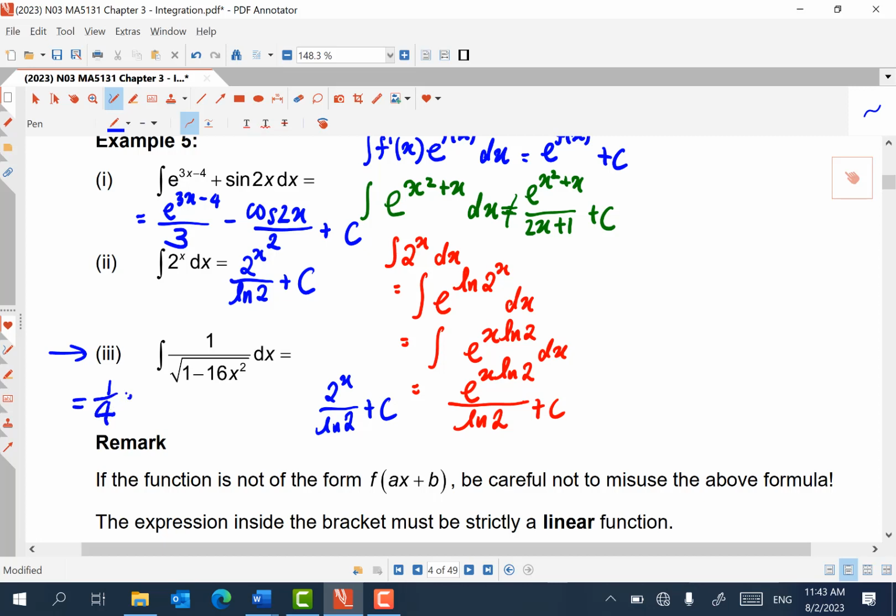Brilliant. Sine inverse. Wow. And how do you know it's like that? 16x squared is 4x, right, 4x whole squared. Brilliant. It's all memory work now. It's a no-brainer thing. The more you remember, the better you are. Right? For integration, it's true.